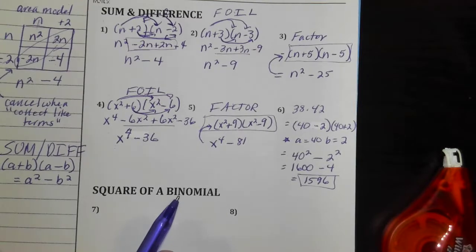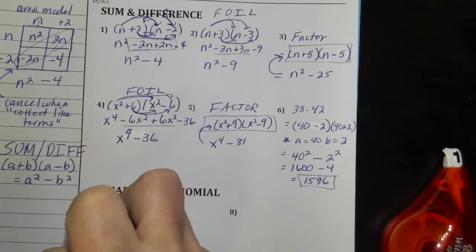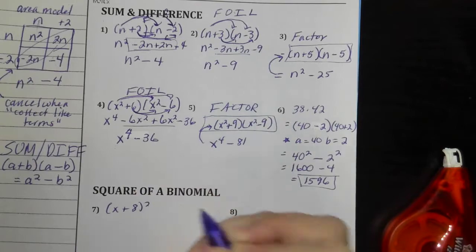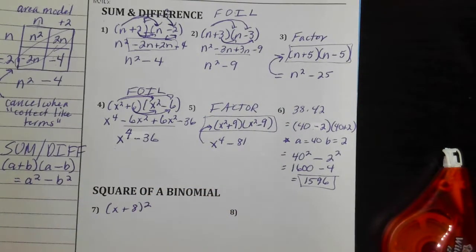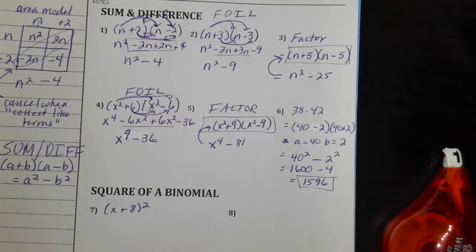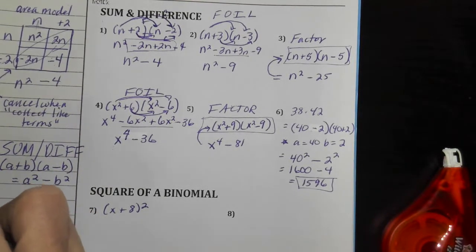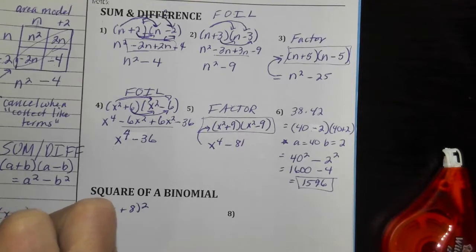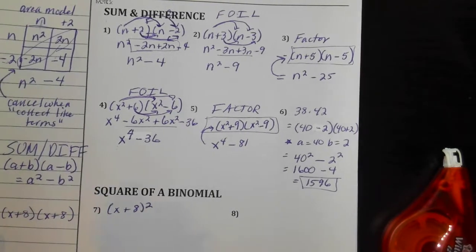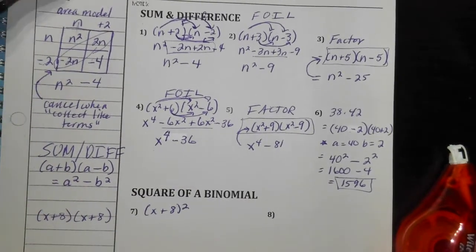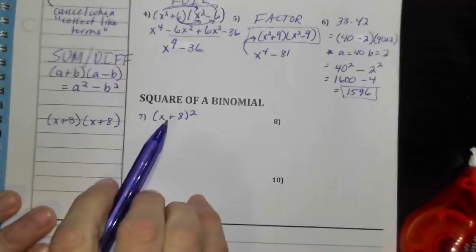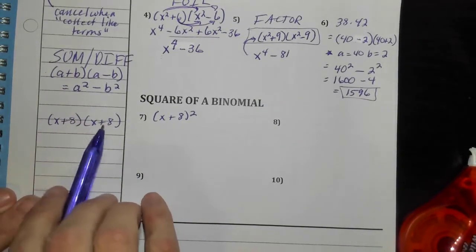Square of a binomial. Okay, so let's just say that you get something like this, and it's not written out longhand. One way I could do this is I could do x plus 8 times x plus 8, because x plus 8 squared really means take two of these x plus 8s and multiply them by each other.